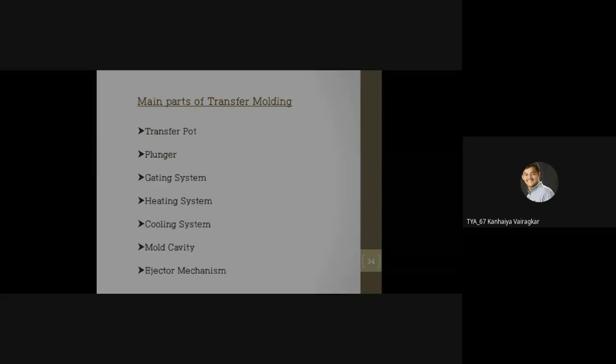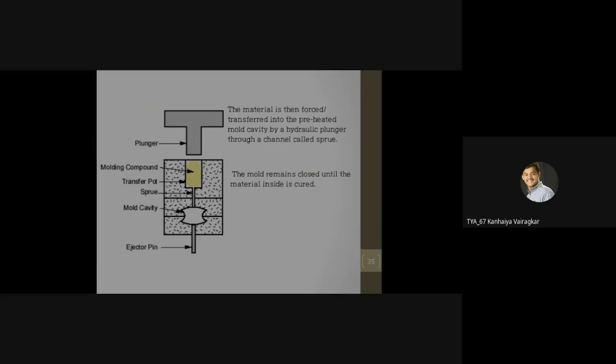The heating system and cooling system are already a part of any kind of molding process. So the transfer pot and plunger are additional, and some kind of gating system is sometimes also required additionally. Here you will understand it easily. All the parts I discussed, you can see here also. So this is a simple sketch of the transfer molding.